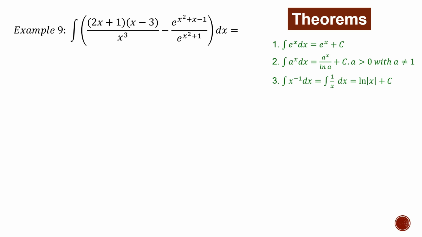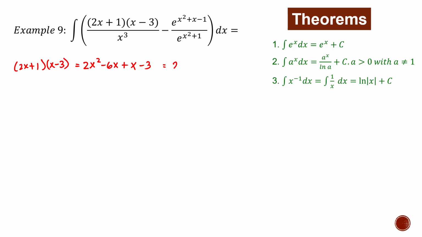All right, so what I'm going to do is we will use the FOIL method to expand that first. So 2x plus 1 times x minus 3 is equal to 2x squared minus 6x plus x. So 2x times x is 2x squared, 2x times negative 3 is negative 6x, 1 times x is x, and then minus 3.